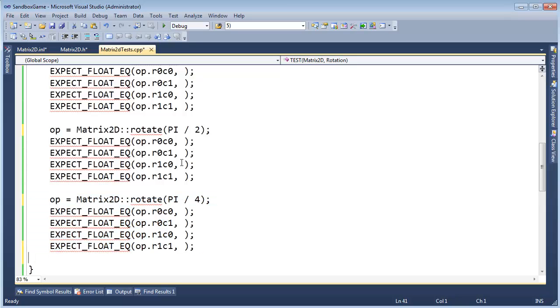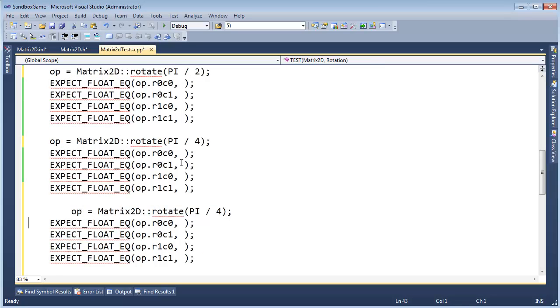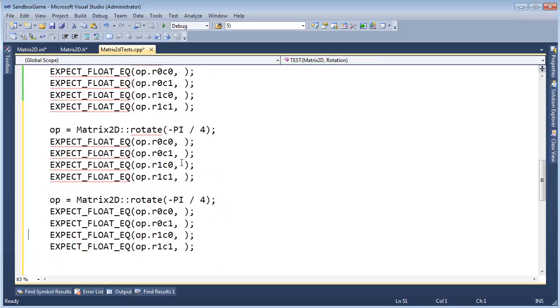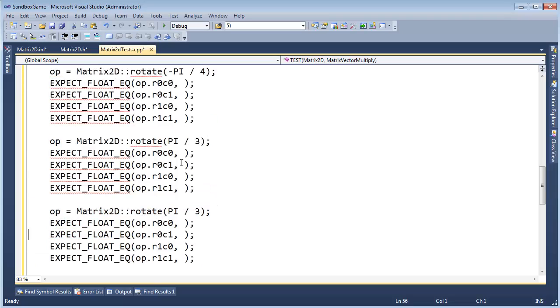It's probably not necessary, but I'm going to try. Let's do a negative pi over 4. And just for tickles, let's do pi over 3. Oops. And then negative pi over 3.